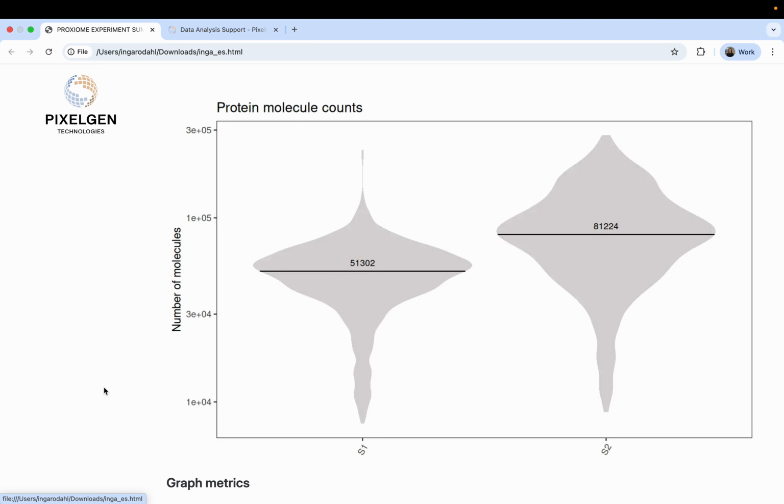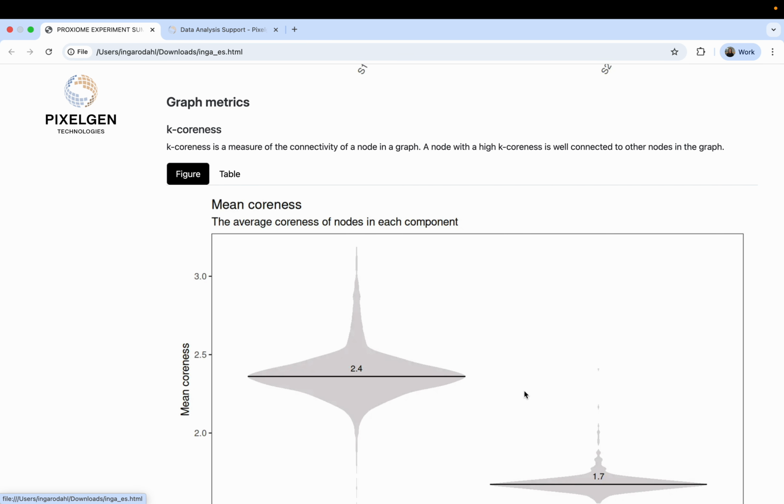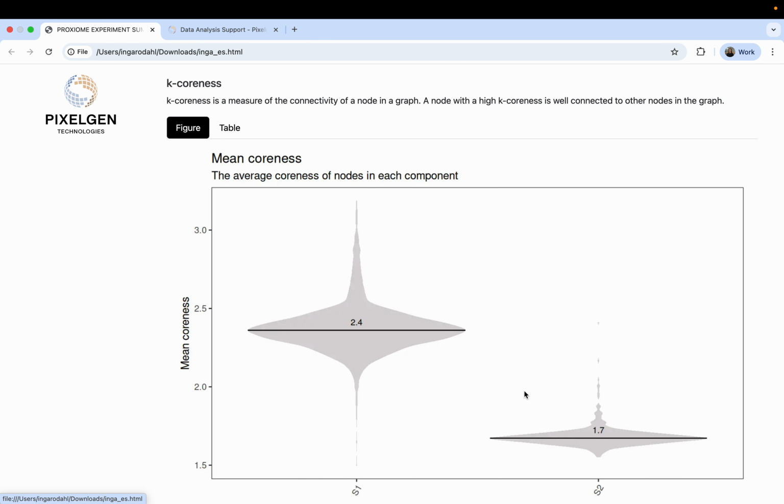However, what this means is that even though these samples have a similar amount of reads per cell, for sample 1 these reads are split across fewer molecules than in the second sample. And this is something that we see as a result in the k-corners of our graphs. Each cell is represented by a graph, and we want the nodes, which represent the proteins, to be well connected in this graph to ensure that we are looking at good cells.